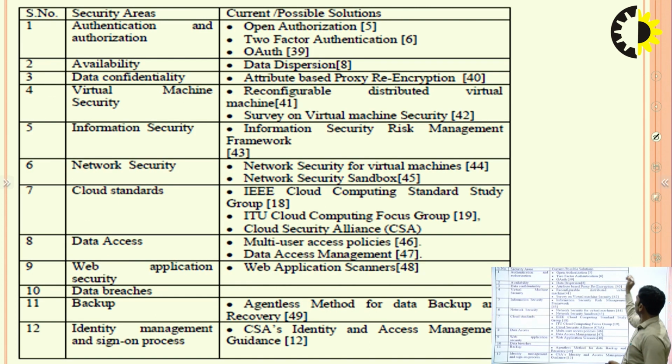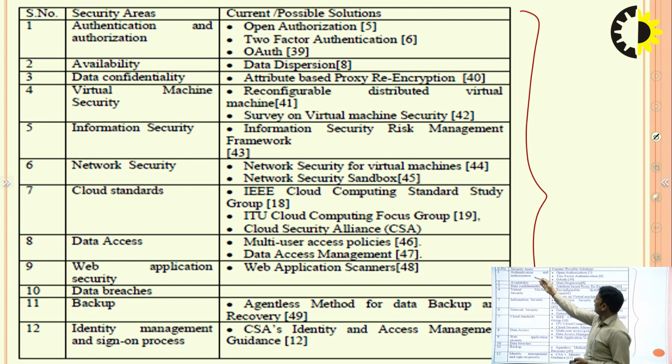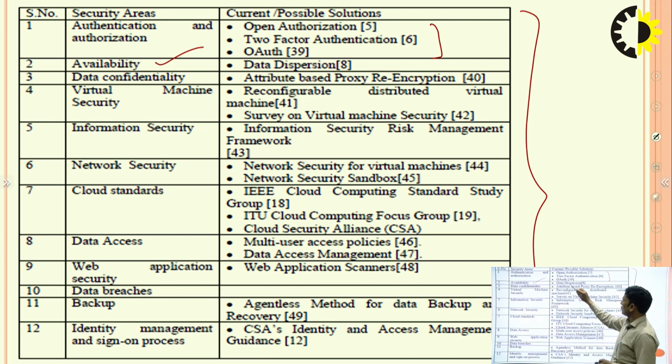So these are some summaries of security areas. For authentication and authorization, the possible solutions are open authorization, two-factor authentication, and OAuth. Similarly, for the availability issue, the solution is known as data dispersion.